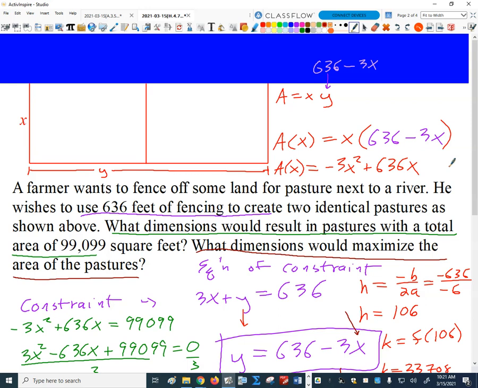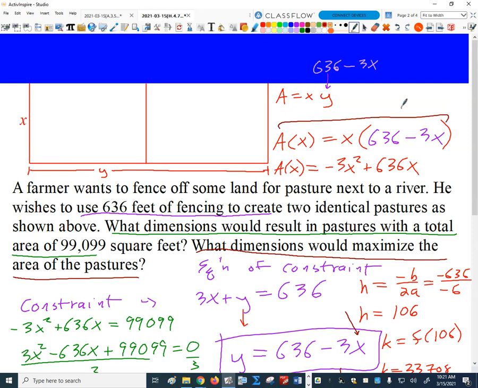If you thought about this as 636 feet of total fencing, and we were going to define the parts of the fence line perpendicular to the river as x, then we know that there's 3 of those, right? If there's a total of 636 feet of fencing, couldn't we reasonably have just gone right to that equation? Did we really even need to do all that stuff?